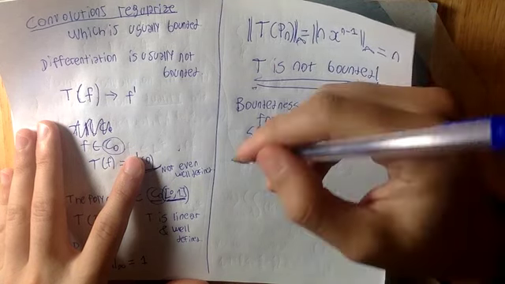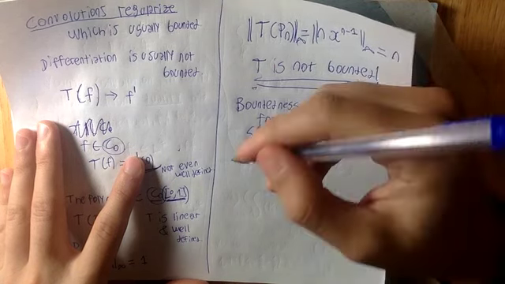So let's write a theorem. We have T from X to Y linear, such that the dimension of X is finite, then T is bounded. Okay, so if we have the dimension of the domain which is finite, then T is bounded.